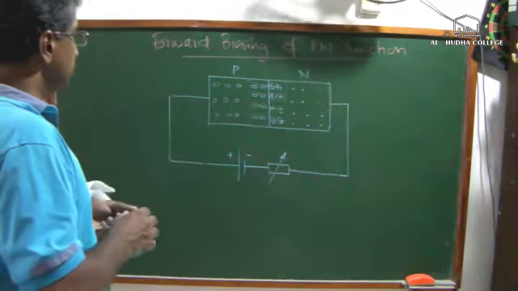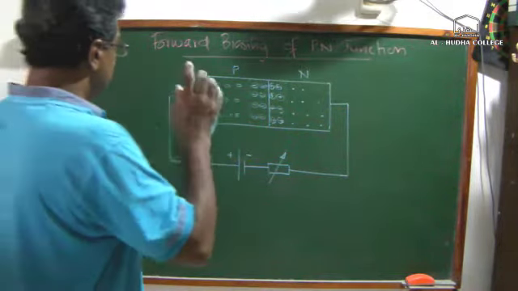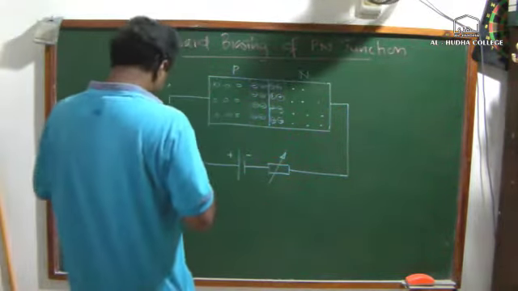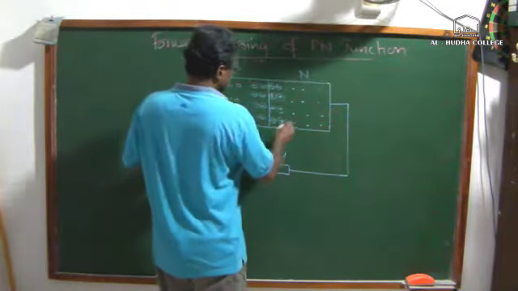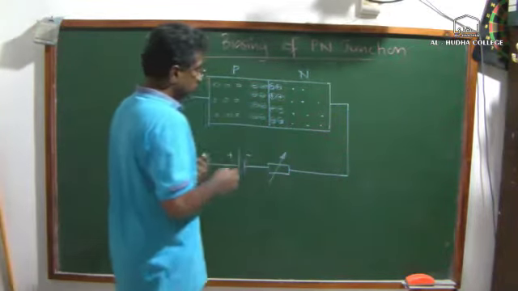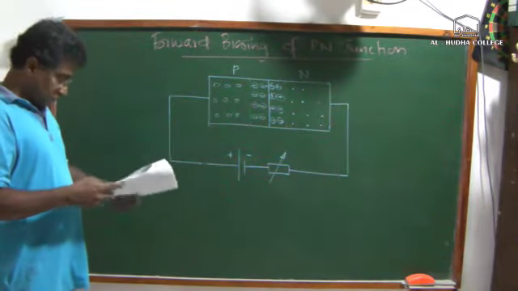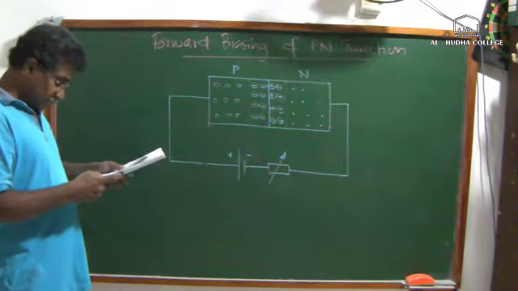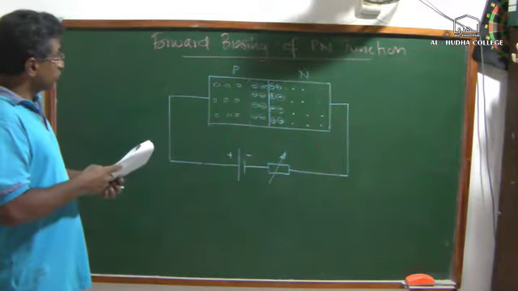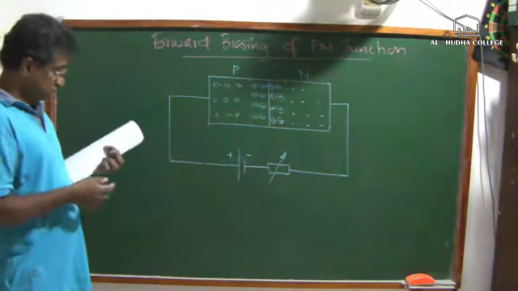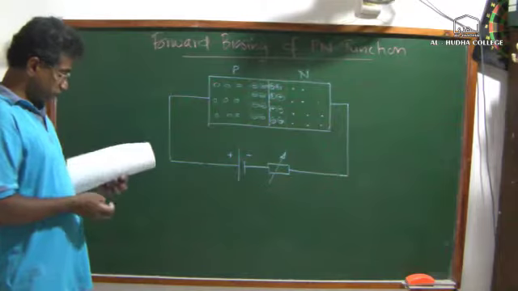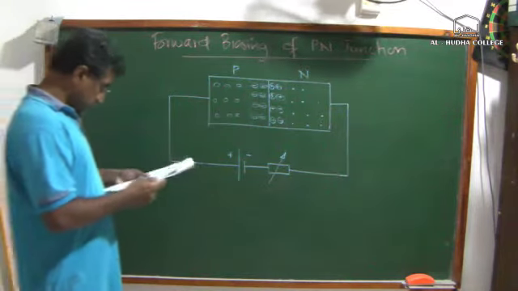Forward biasing removes the depletion region so that conduction can take place, right? This is how the PN junction behaves when you forward bias the PN junction. You write it down.